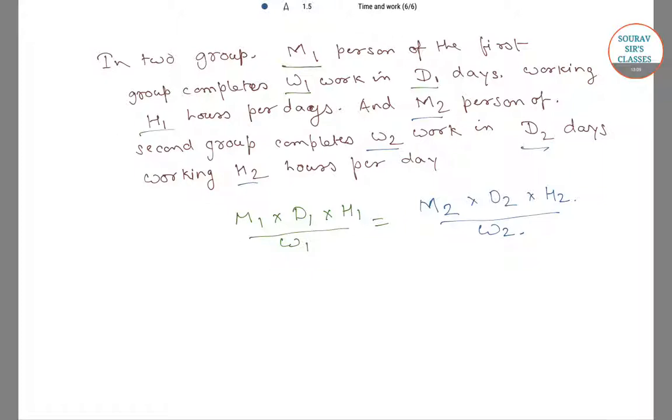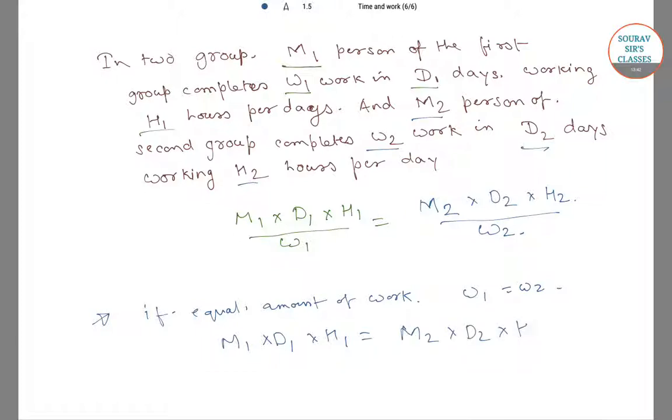Now if both the groups complete an equal amount of work, that is W1 equals W2, then we will have the equation M1 into D1 into H1 is equal to M2 into D2 into H2. Here we are assuming that each person in both the groups has the same efficiency of work.